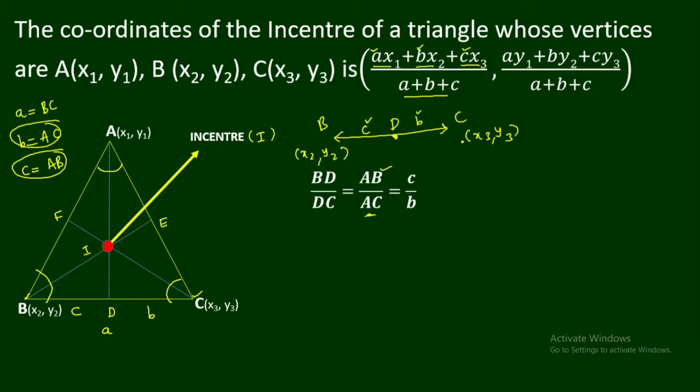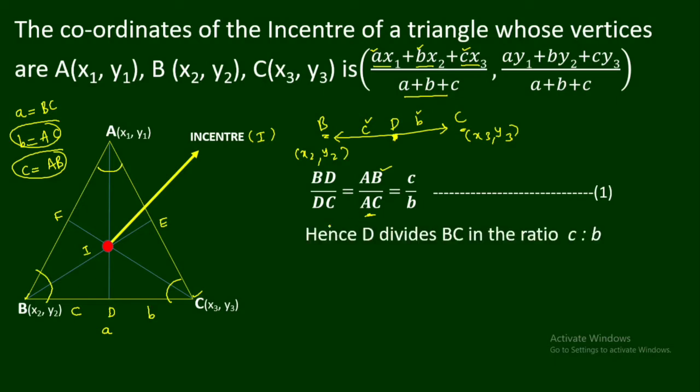When you know the ratio and the coordinates of B and C, by using the section formula you can find the coordinates of D. The formula is (mx2 + nx1) / (m + n), comma (my2 + ny1) / (m + n).